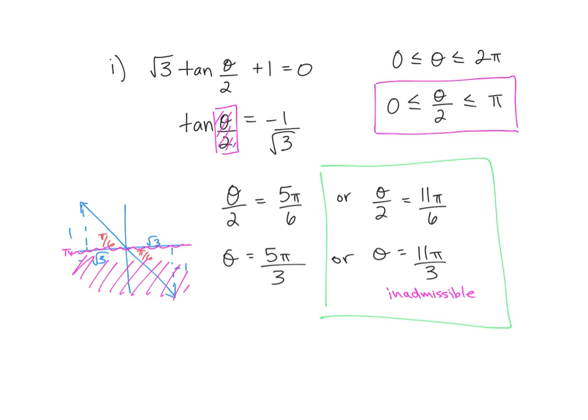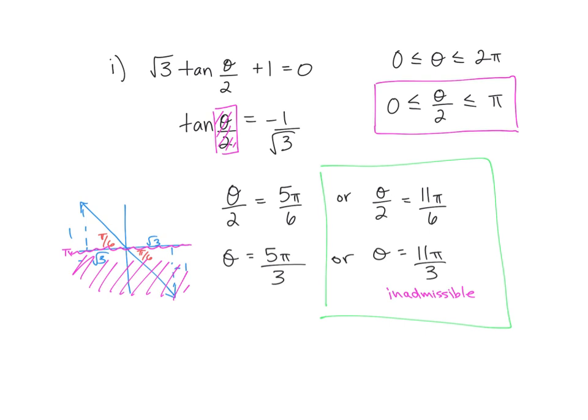If this question had been sine of theta equals a positive 1 over root 3, we know sine is positive in quadrants 1 and 2. So we still would have had 2 answers for theta once this was horizontally stretched by a factor of 2. In our half angle, we still fit in 2 of our terminal arms. Okay, what if that had been sine of theta equals a negative 1 over root 3?